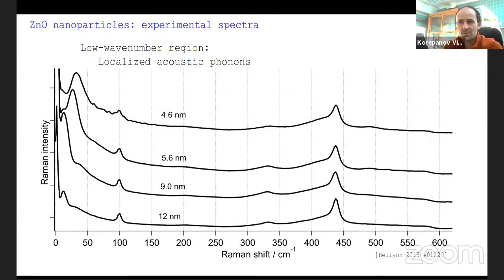In this low frequency region, we can see so-called localized acoustic phonons, which is a very interesting thing, and which was until recently impossible to analyze in terms of phonon confinement. Only with the quantum chemical calculations, after they were implemented in the phonon confinement model, this became possible.